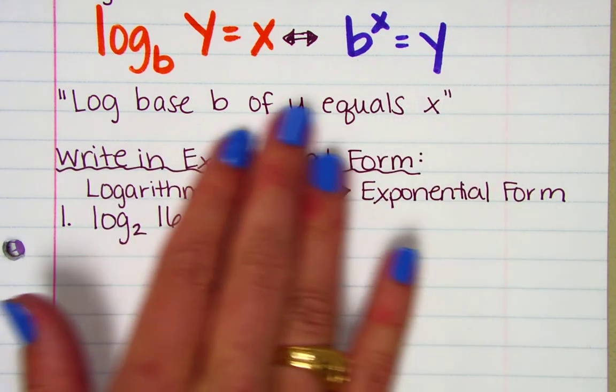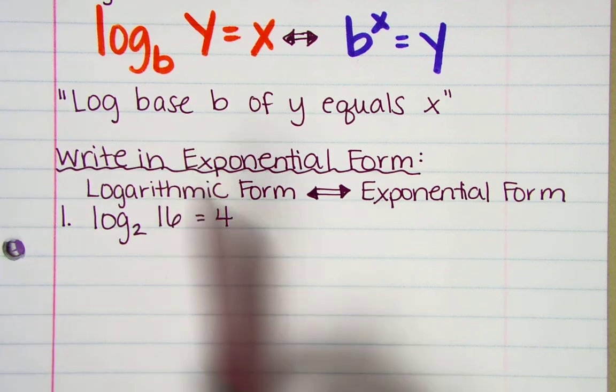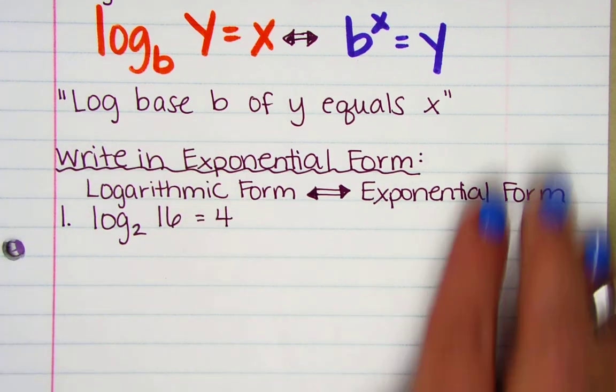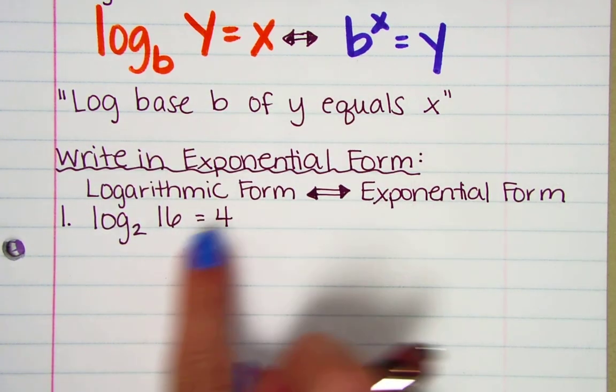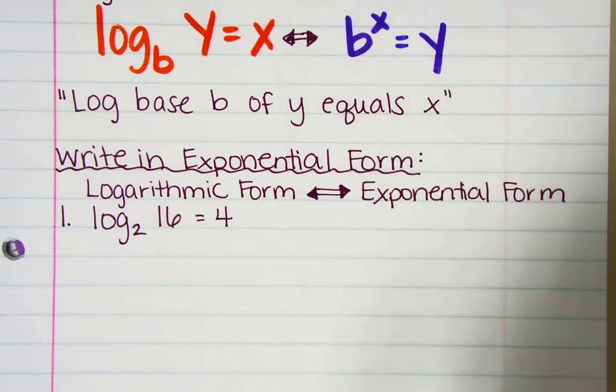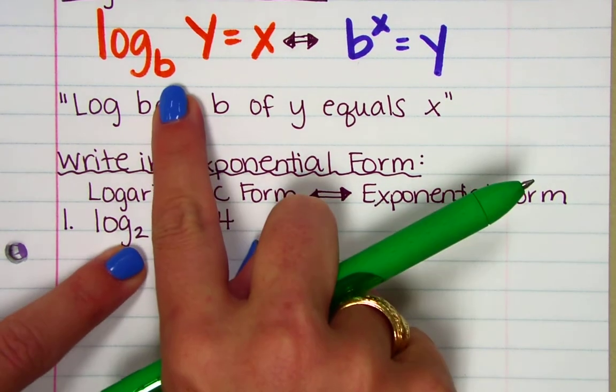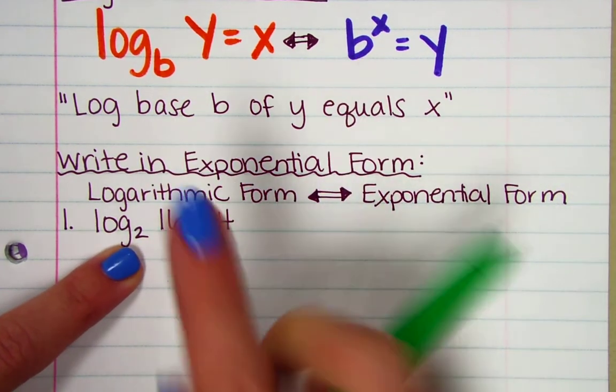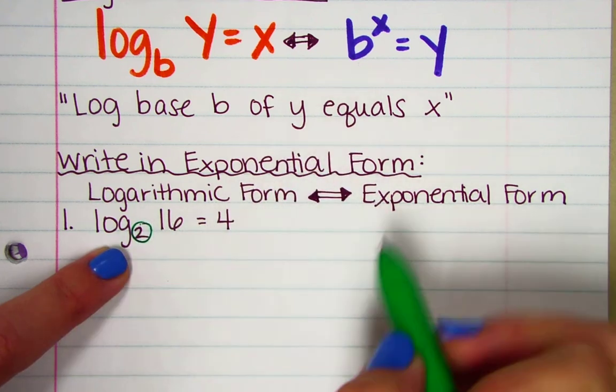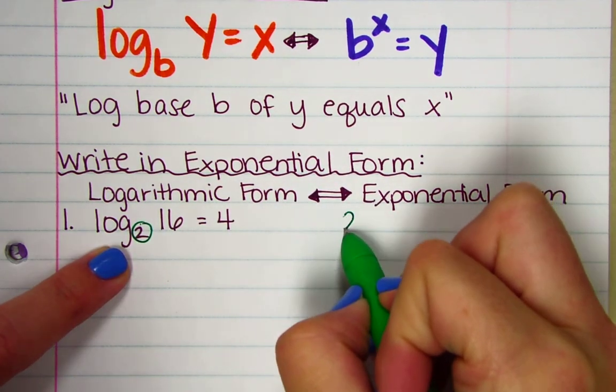All of my problems, I'm going to write in this color, and then my answers in a different color. So this is the problem. Then we're going to write it in exponential form. The easiest thing to start with is the base. This 2 right here goes here. I always circle my base. That's the easiest thing to find. So the base is 2.